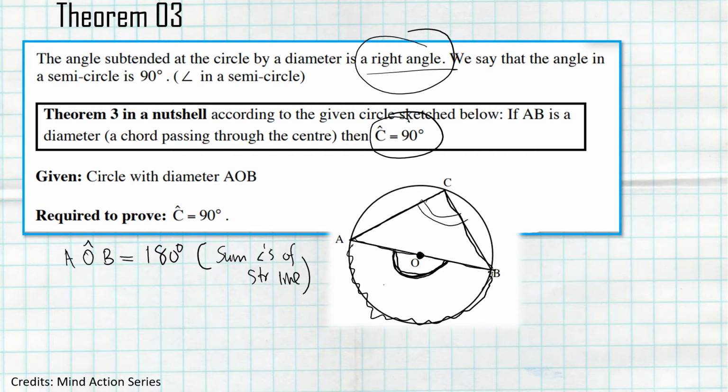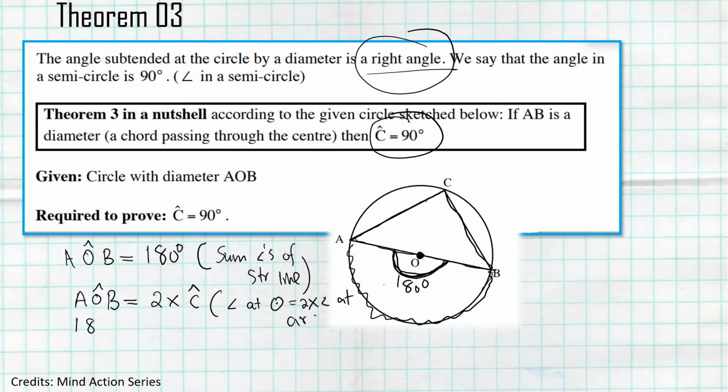circumference. Okay, so it means that we can now deduce that angle AOB, which is 180 degrees, must be equal to 2 times angle C, because it's an angle at the circumference there, right? So we can replace AOB, and we have to give a reason. Angle at center is equal to 2 times angle at circumference.